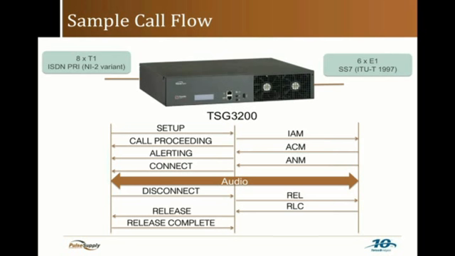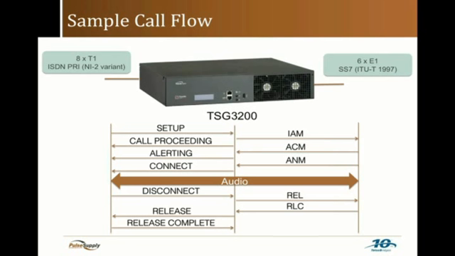And finally, when the call ends, in this example I'm showing that the teardown of the call is initiated on the ISDN side with a disconnect message. You see that that translates to a release message and a release complete, and so on. This is a sample call flow between ISDN PRI and SS7.